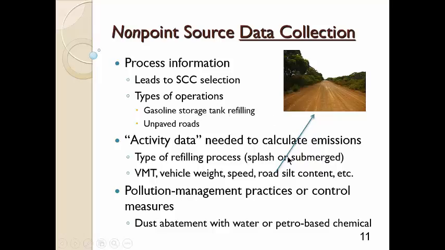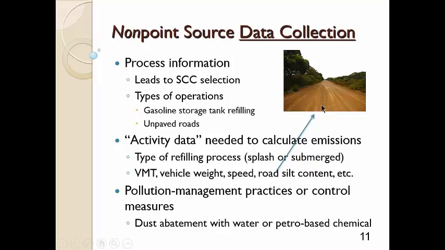So the activity data that you need to calculate emissions includes how you refill your gas tank, so the refilling process, the weight of the vehicle, and the average speed. Do people putz along at 15 miles an hour, which of course produces less pollution than if they speed through? Speeding produces a lot more pollution.